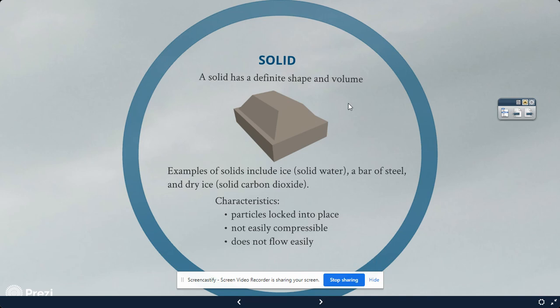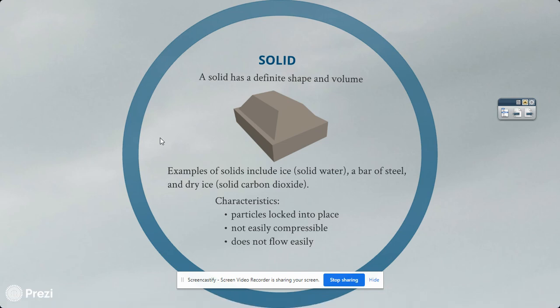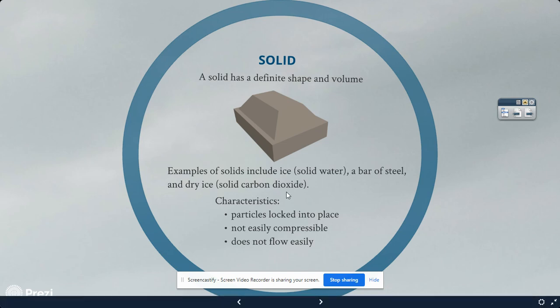So solids, like we said earlier, a solid has definite shape and volume. Okay, it takes up space. Length, width, and height is volume. So it's the amount of space something takes up. Examples of solids include ice. That's an example of solid water. A bar of steel and dry ice, that's solid carbon dioxide.